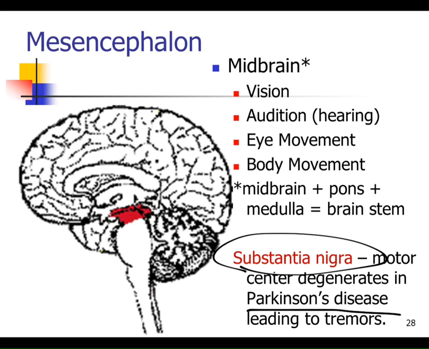These individuals start getting tremors, and it's because there isn't enough neurotransmitter made. But you may hear of the substantia nigra, especially with Michael J. Fox and other individuals who are really big into Parkinson's research. And that is this little area of the brain. So there's something that's gone wrong there. It could be brain damage, or it could just be there are certain cells in here that start to break down, leading to Parkinson's.